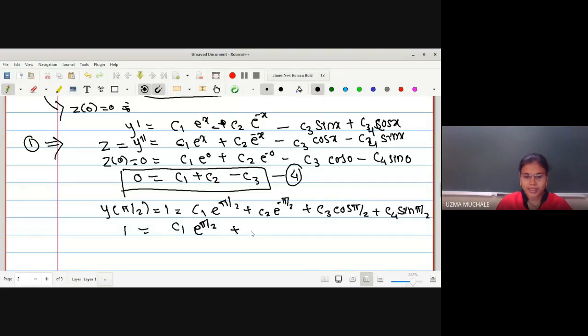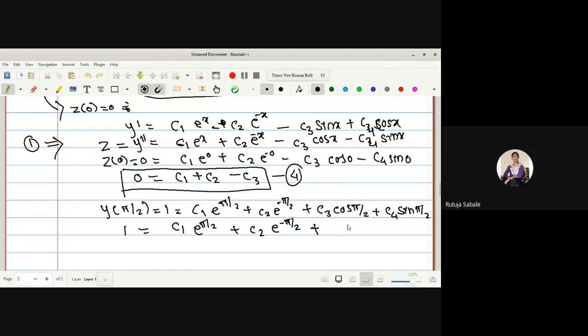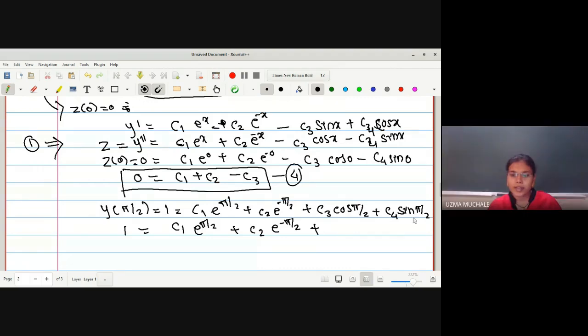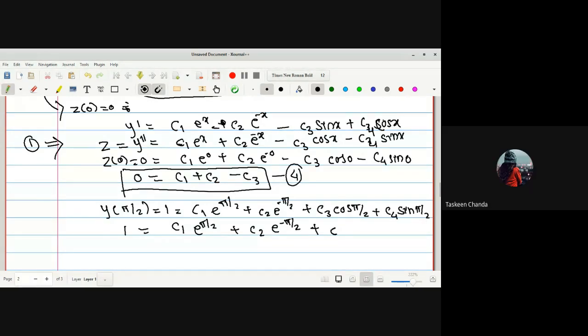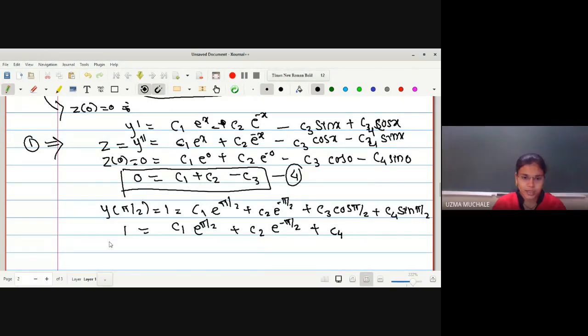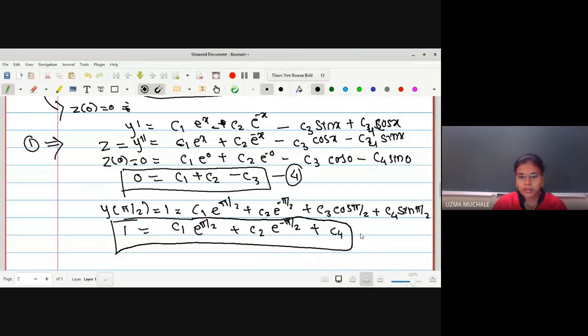Let me keep it as it is, later on we'll solve. What is the value of cos pi by 2? 0. What is the value of sin pi by 2? 1. So here we get the next equation. This is equation number 5.